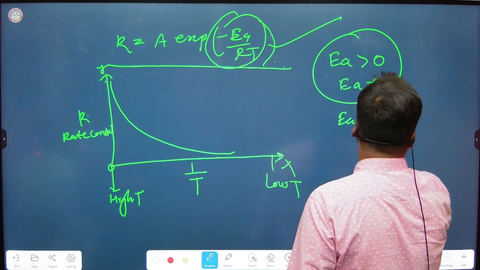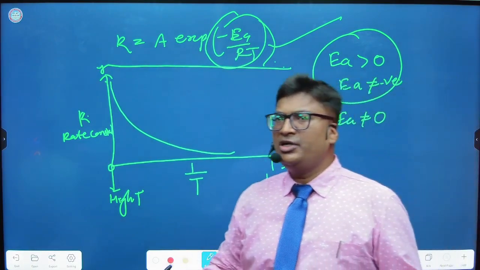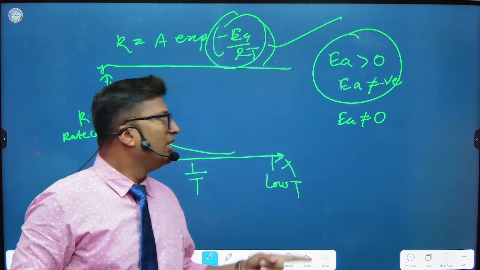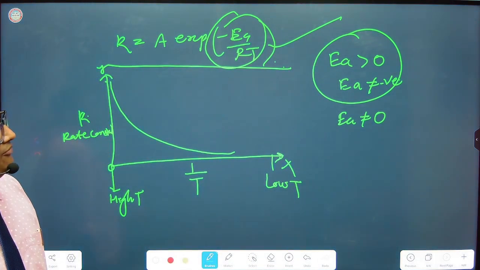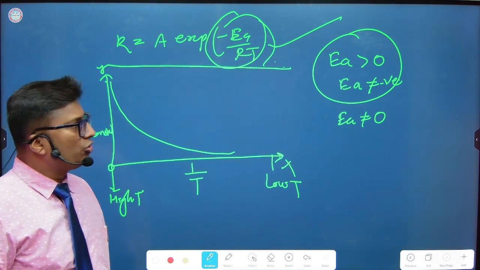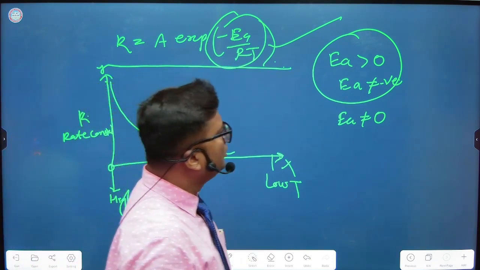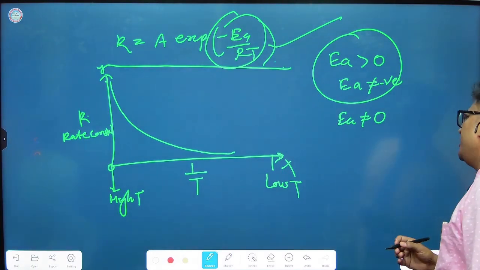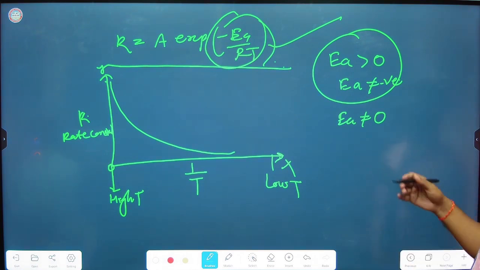EA should not be 0. If there is any activation energy with a value of EA equal to 0, it means that the reaction occurs very fast, or it will explode in a very short range of time. So if there is a zero activation energy, the reaction occurs in a very fast way.